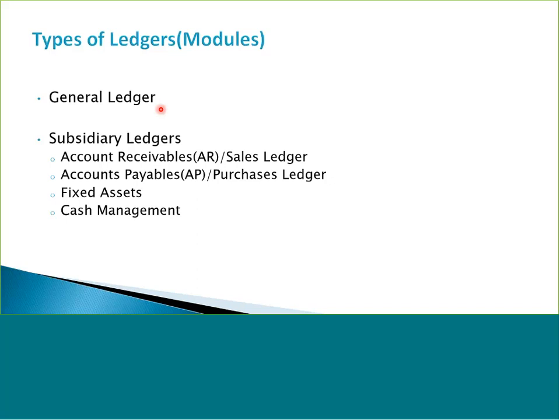If it's not a big company and it doesn't have a lot of information to be managed, then you can capture all the journals directly and enter them into the general ledger, because you don't have a lot of information, like customers or vendors that you need to manage, or many fixed assets. So this is why these are called subsidiary ledgers, and this is the main ledger where all the accounting information is managed from.